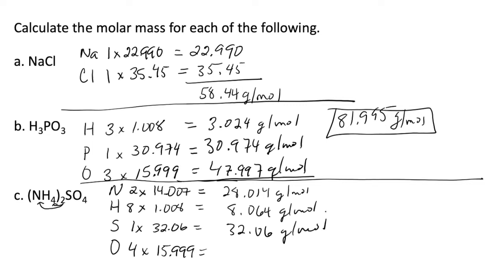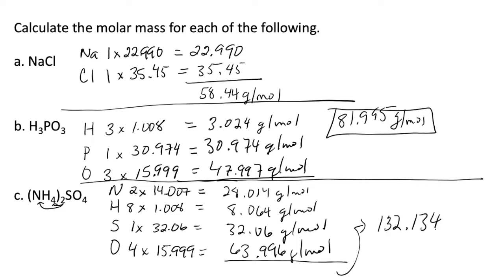And 4 oxygens will give us 63.996 grams per mole. Add all these together. The mass per mole for this molecule is 132.134 grams per mole. Let me know if you want more molar mass practice than what is in your tutoring accounts.